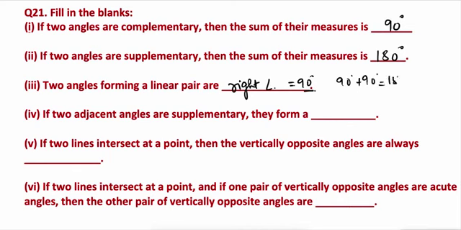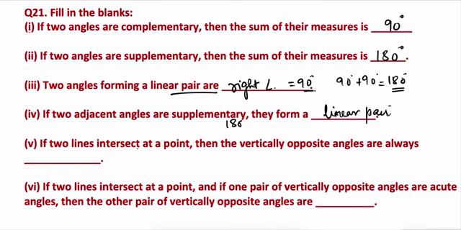So hence they form a linear pair. If two adjacent angles are supplementary, that is, their sum is equal to 180 degrees, then they form a linear pair.